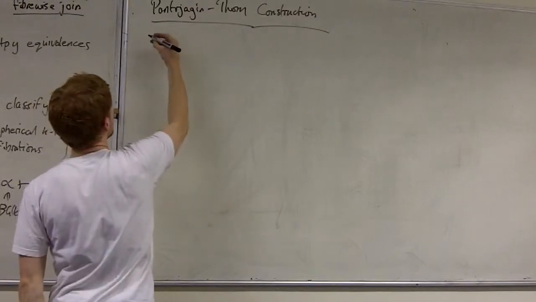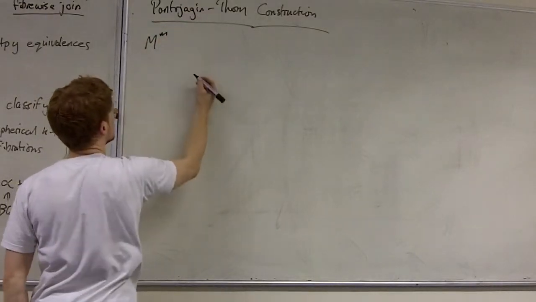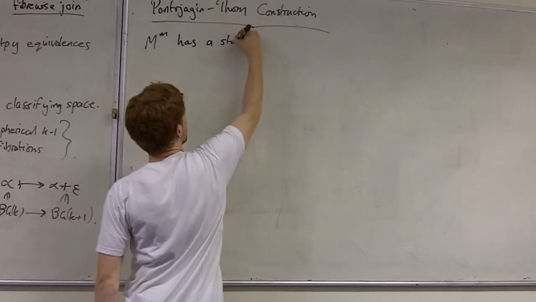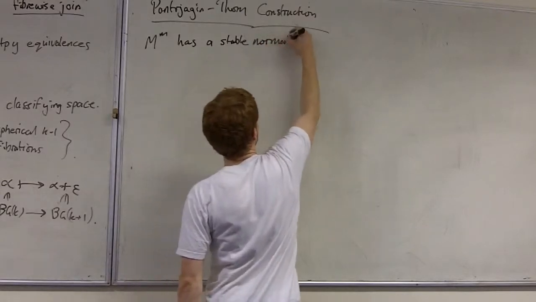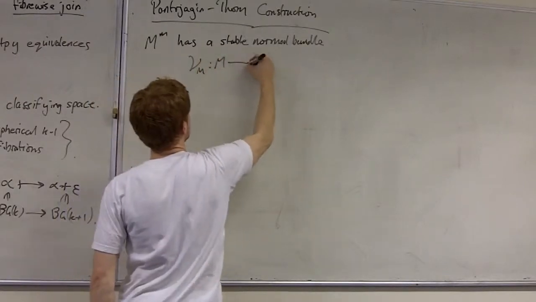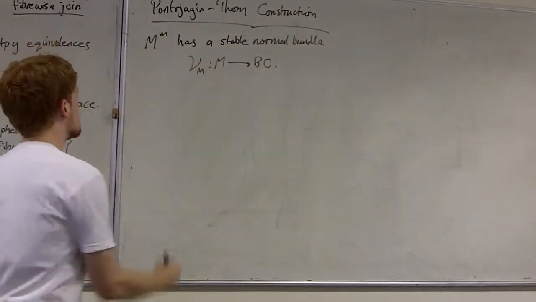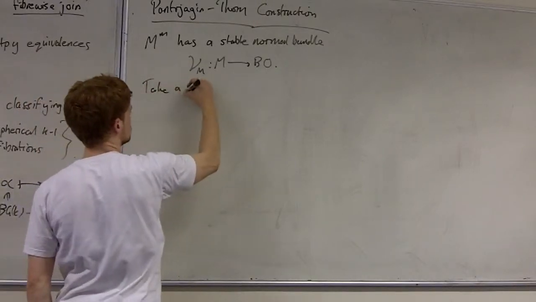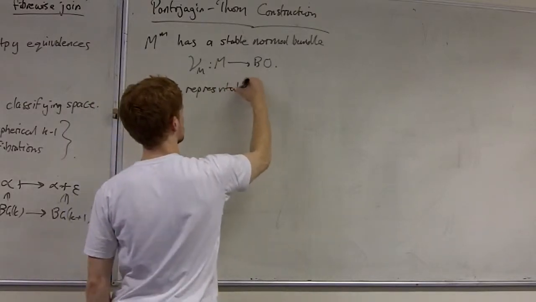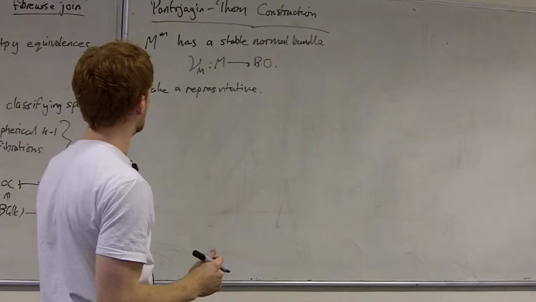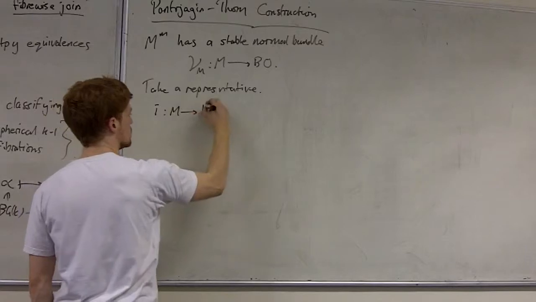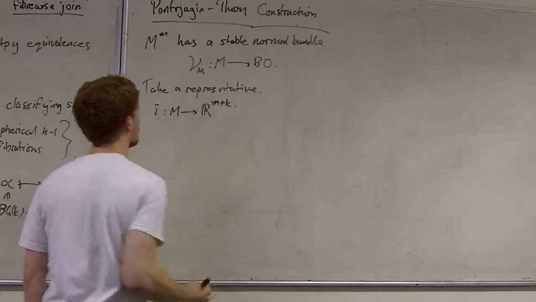Recall that any closed manifold has a stable normal bundle. So we can take a representative.